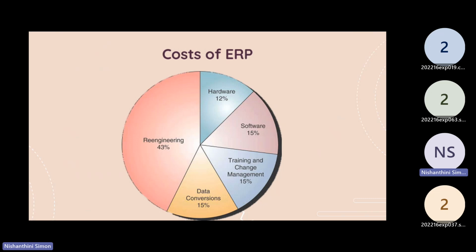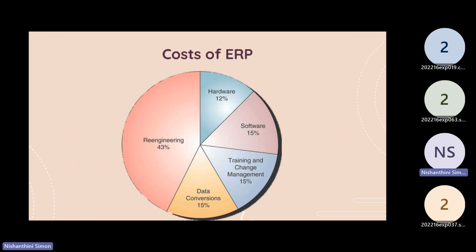So it is important. More than the cost, we have to consider the importance given to these various processes too. In that sense, we can say the re-engineering, getting to know the issues or the current status, analyzing, and developing the solution, will be the cost related to an ERP or any system.